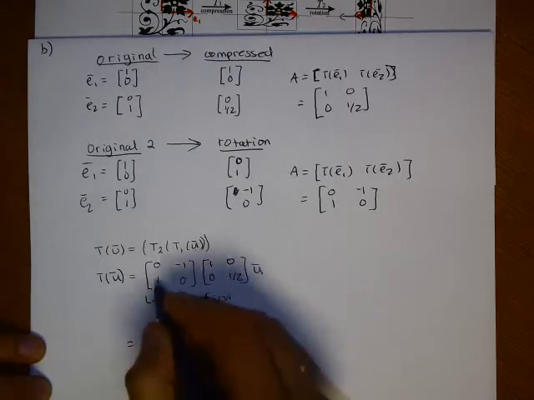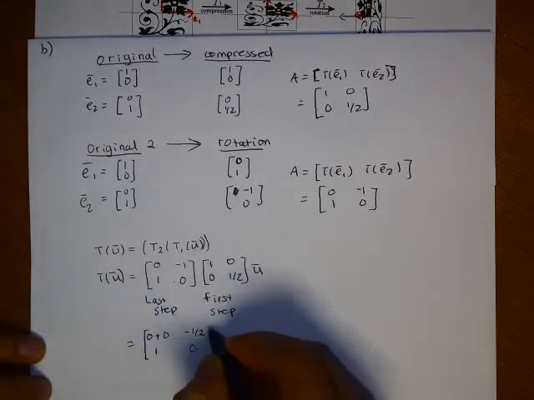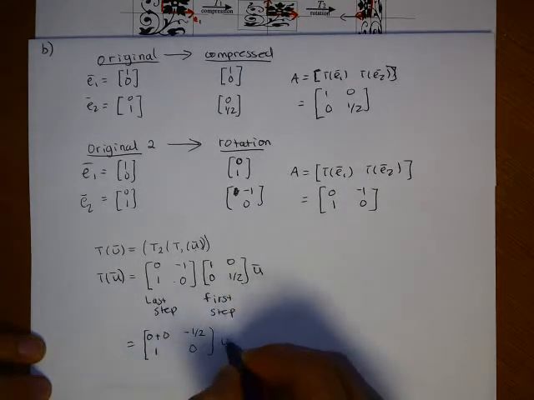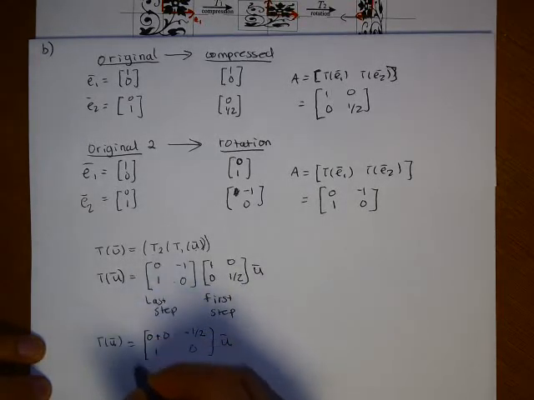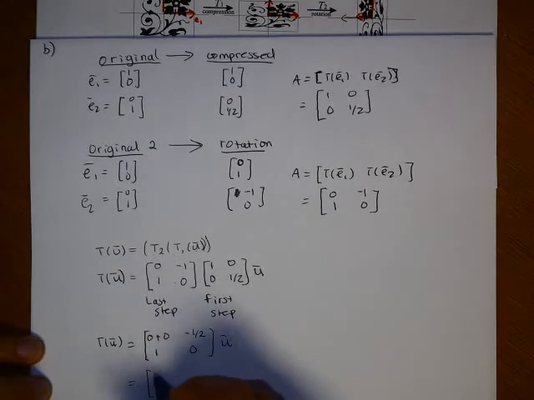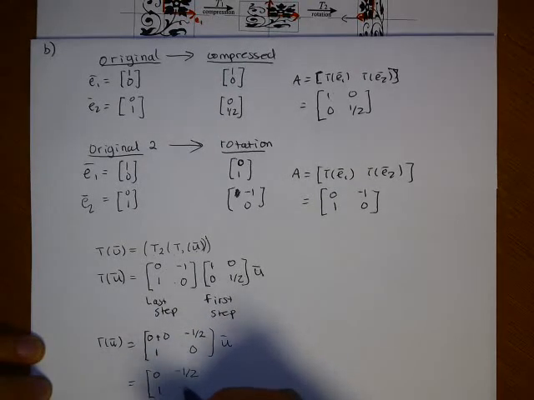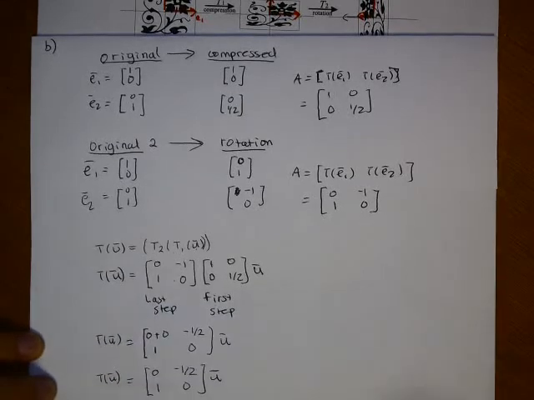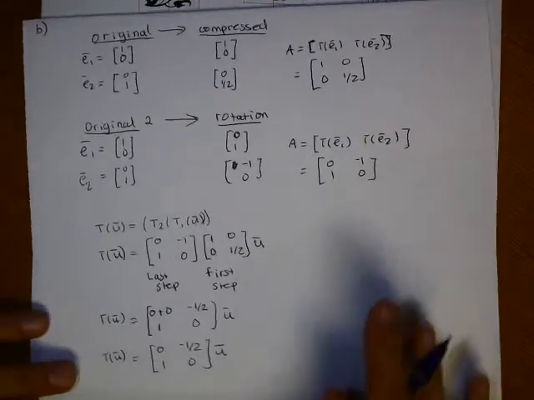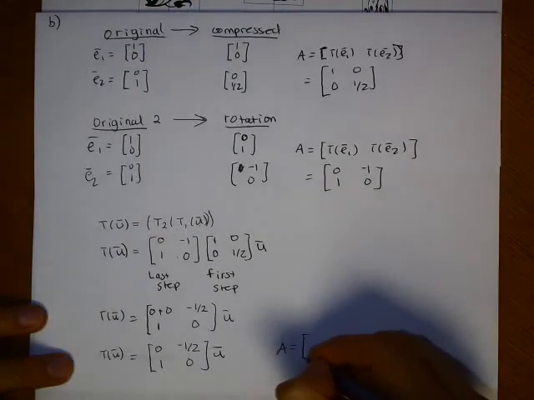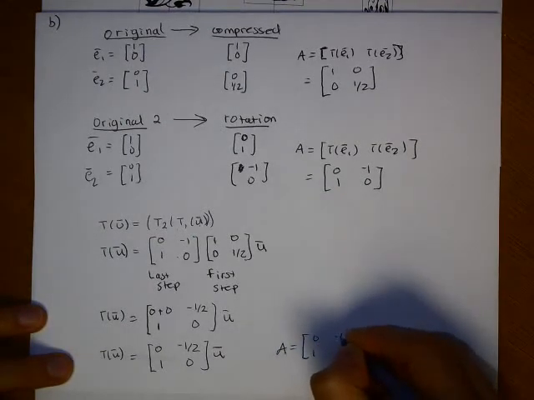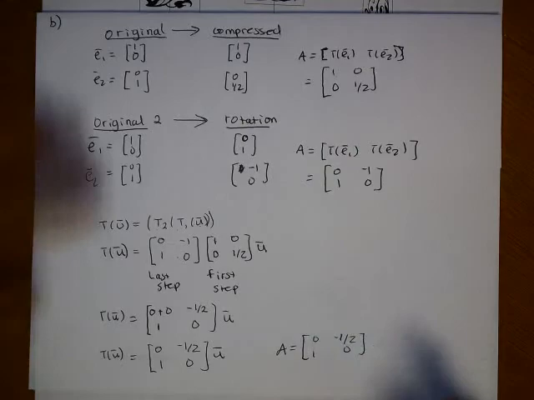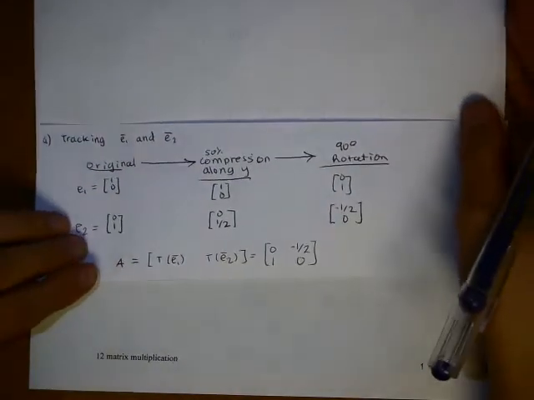Then we take the second column and hit it by the second row. So now we have our matrix for the whole transformation is equal to this, which if we look back to the other way that we solved our problem, it's the same matrix.